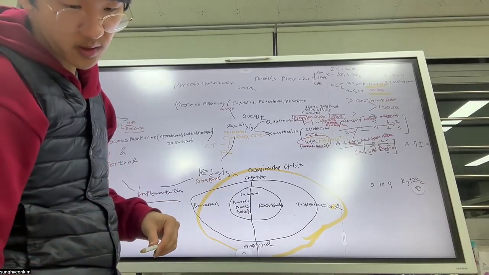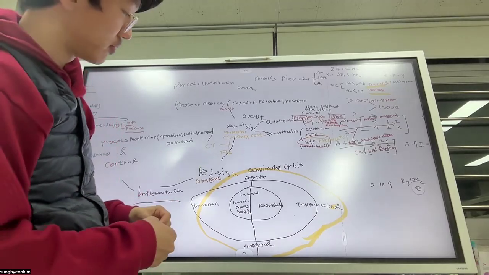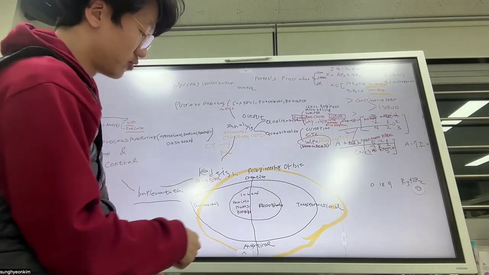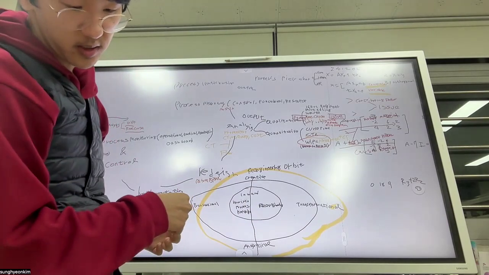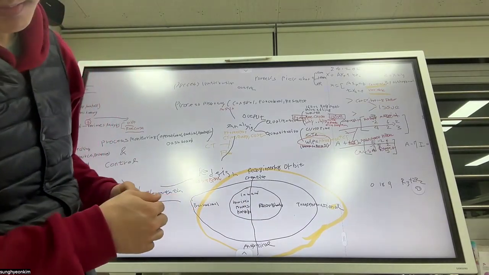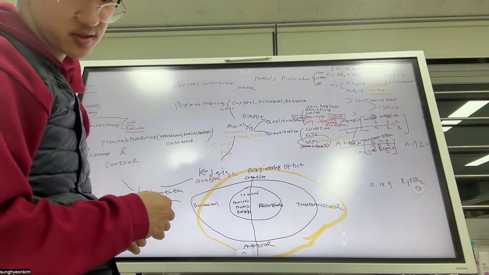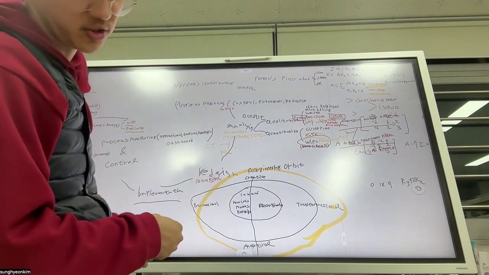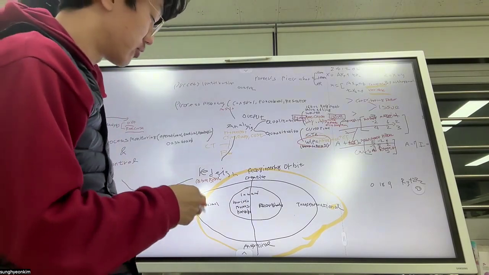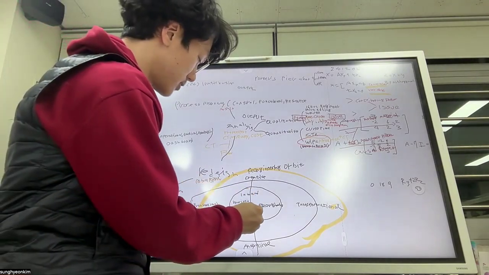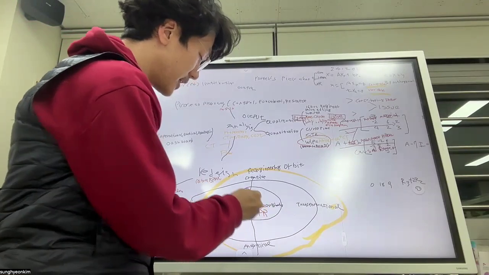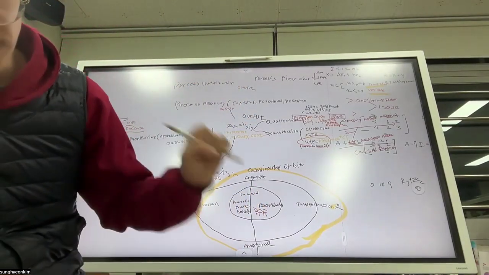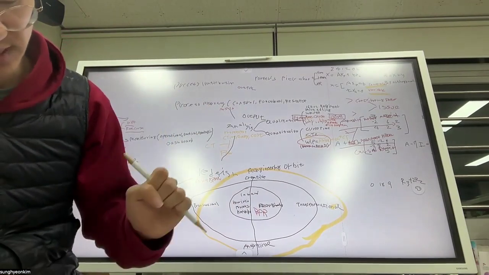So the very popular process is re-engineering, which is business process re-engineering, BPR. We call it BPR. It has four characteristics. The first is capture information at one place.